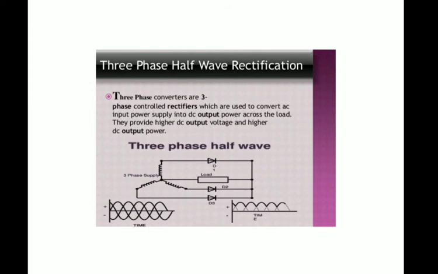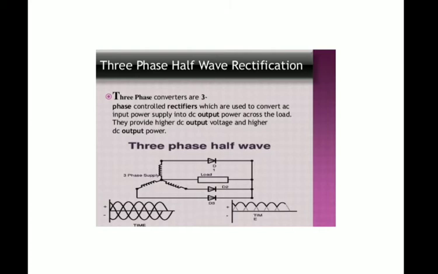Three phase half wave rectification. Three phase converters are three phase controlled rectifiers which are used to convert the AC input power supply into a DC power supply across the load. They provide higher DC output voltage and higher DC output power.